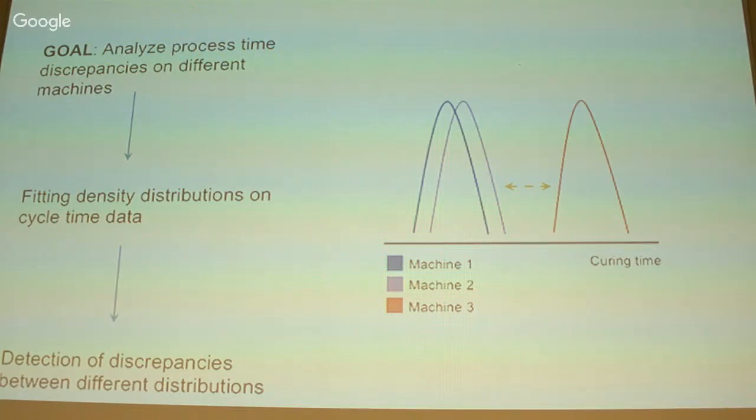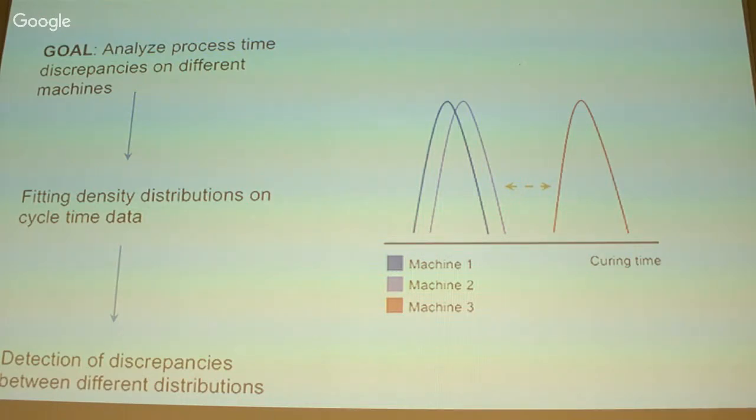As I was saying, machines in factories are organized in different production lines that contribute to different stages. The process time for a single tire on the same machine for the same product should roughly be the same.